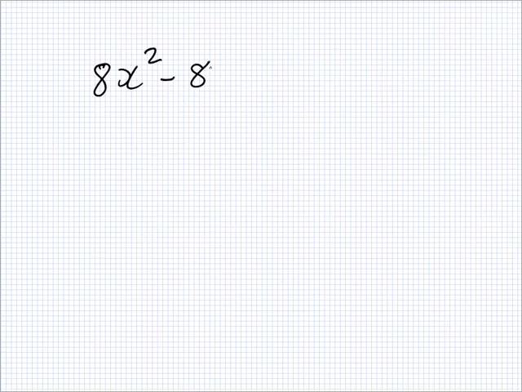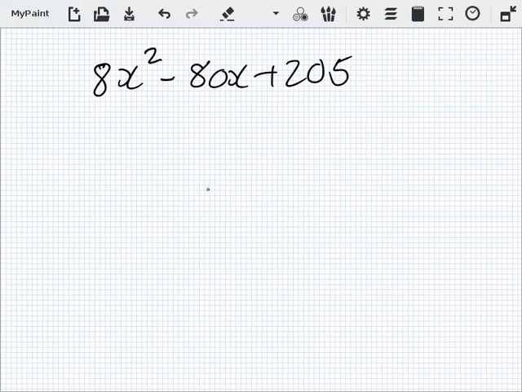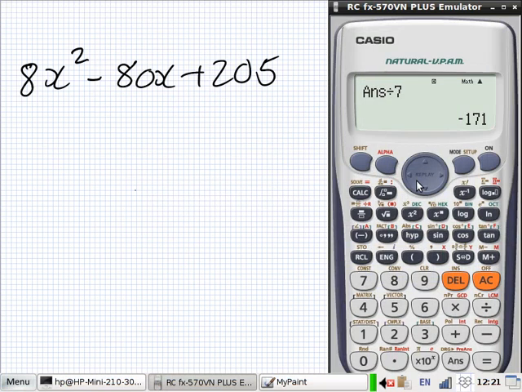8x squared minus 80x plus 205. What is your lucky number? 7, okay. So I get a positive, alright?